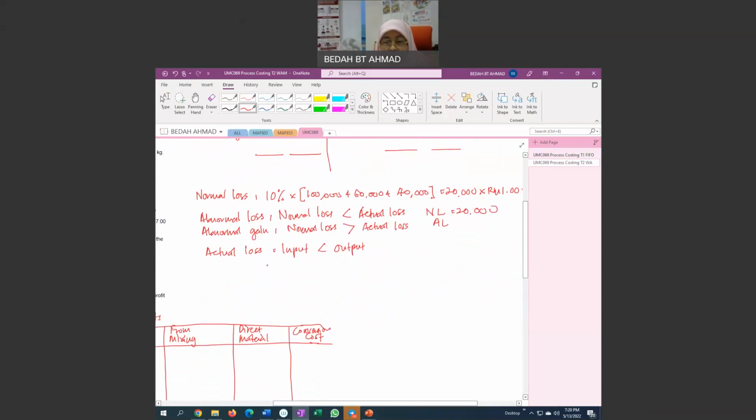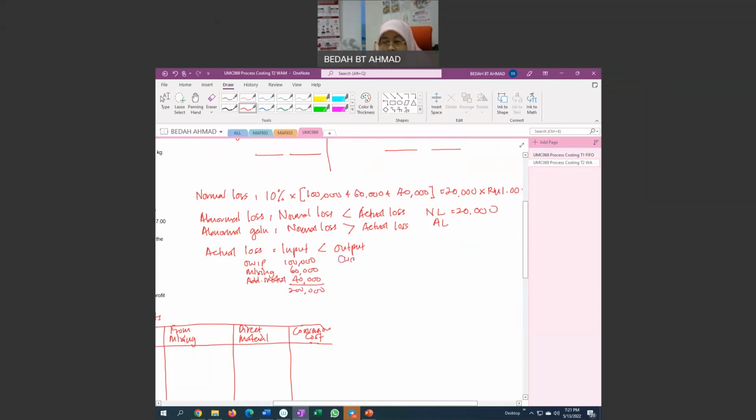The input OWIP is 100,000, then the input from mixing department is 60,000, and the direct material additional material is 40,000. So altogether here is 200,000, and the output is only 160,000.